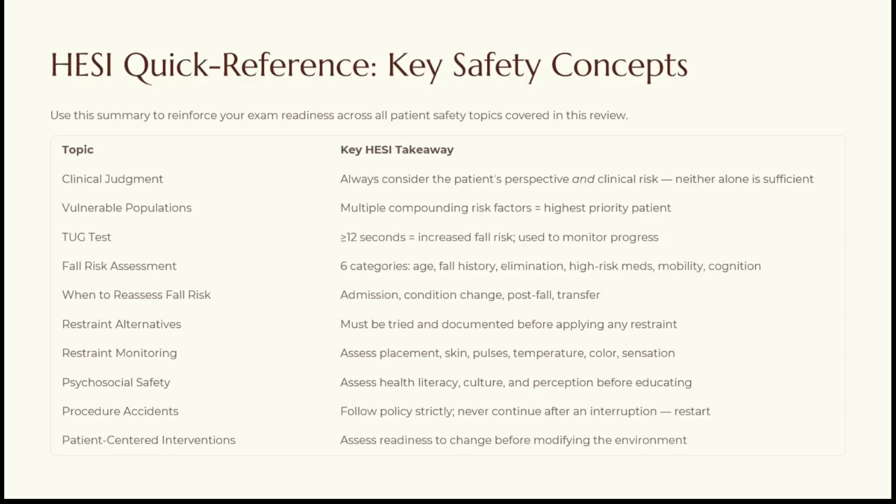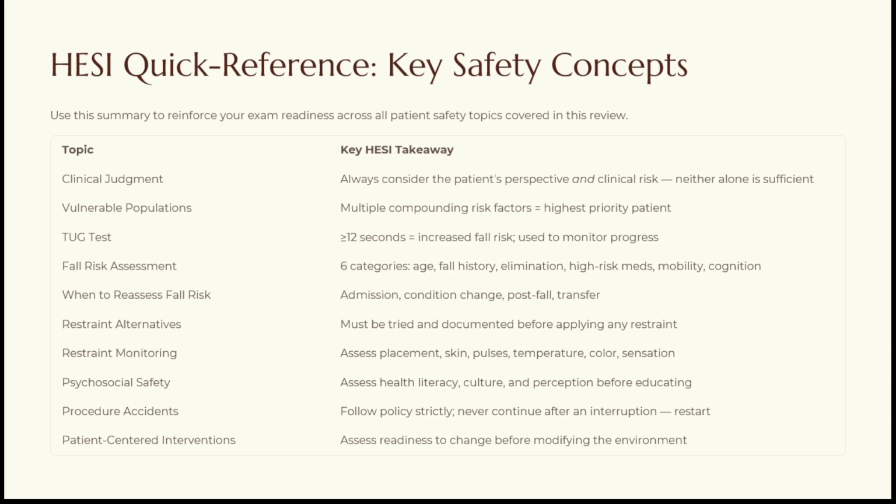All right, now this slide summarizes the major patient safety concepts from this section. So, key points to remember for HESI. Always considering both patient perspective and clinical risk. Recognizing patients with multiple vulnerabilities as highest priority.